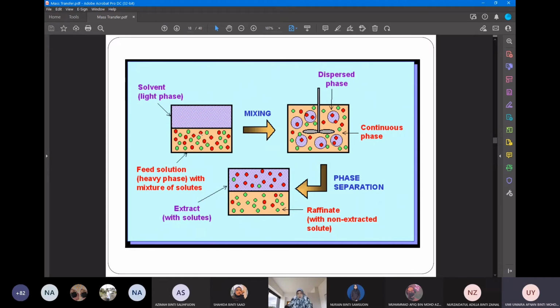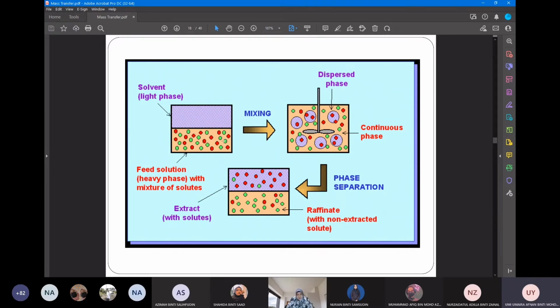In the feed solution, you can have A and B, you can have A, B, C, and so on. There are many molecules, many components. One of your components of interest is called the solute.